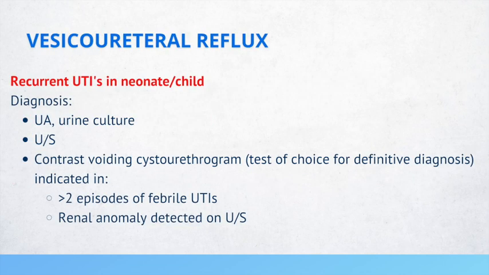Vesicoureteral reflux. This condition causes recurrent UTIs in neonates and children. Diagnosis requires a urinalysis, urine culture, and a contrast voiding cystourethrogram is the test of choice for definitive diagnosis. This is indicated in patients with greater than 2 episodes of febrile UTIs, or they have a renal anomaly detected on ultrasound.